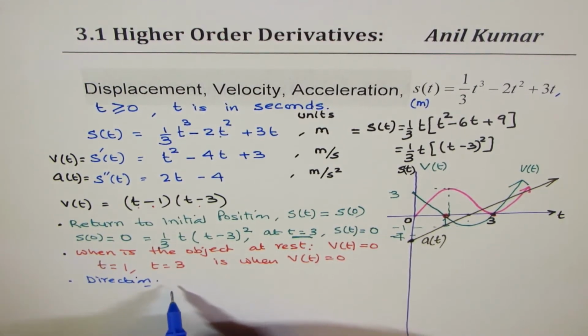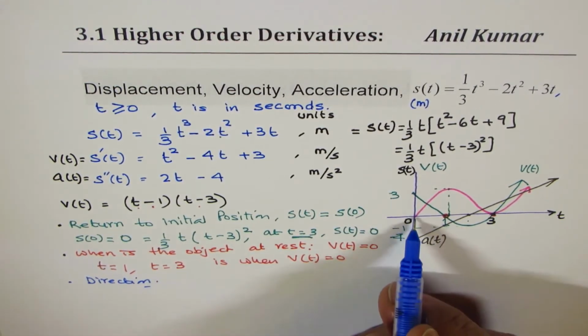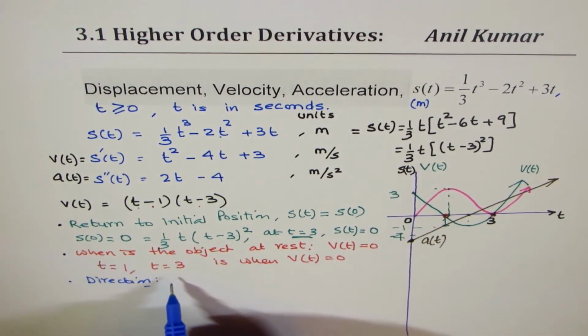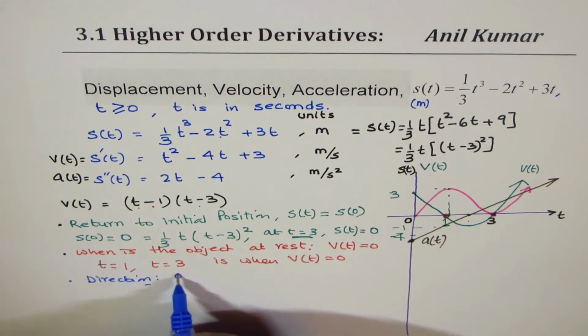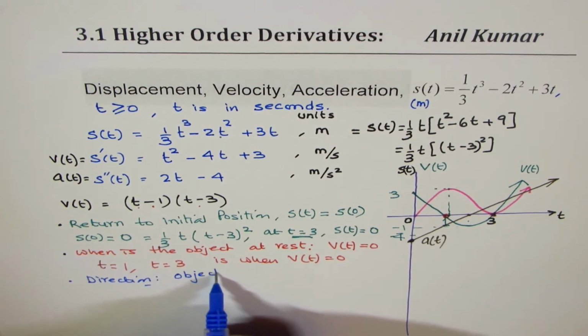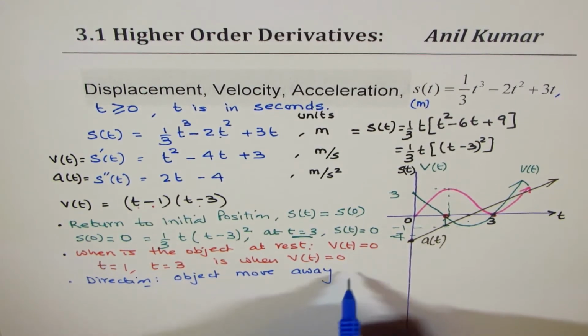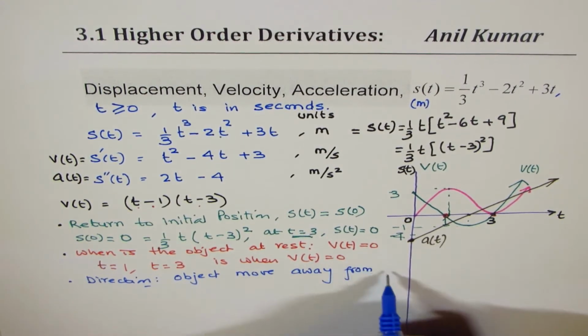So when is the object moving away from origin? So we say direction. So in direction we have two terms. When does the object move away from origin?